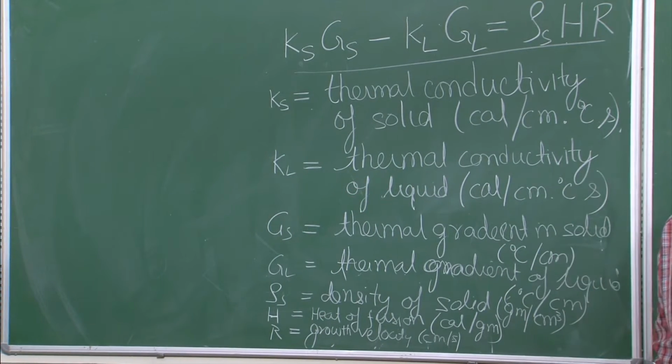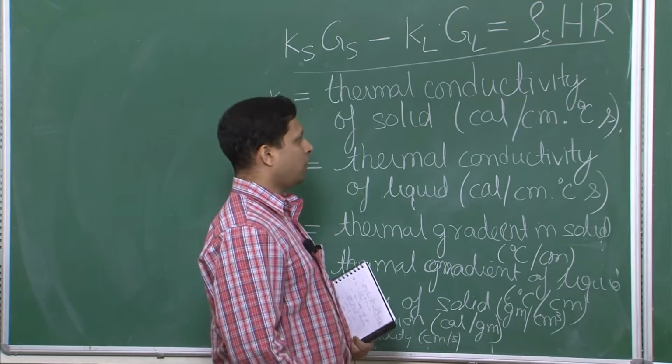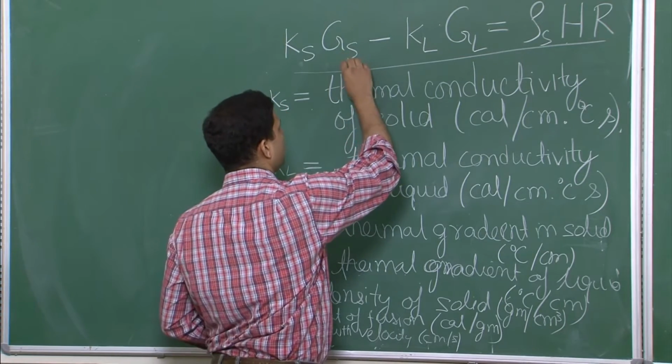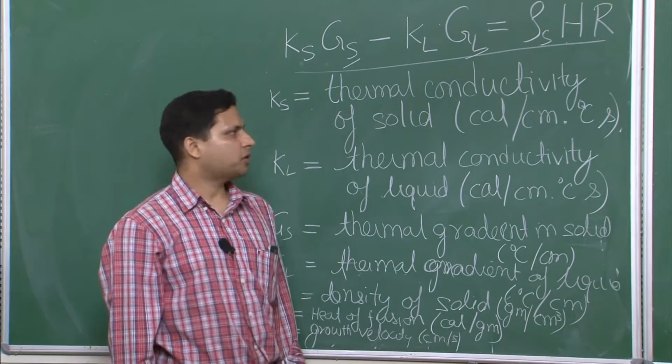Now, in general, if you want a very good quality single crystal, then these quantities Gs and Gl should be as large as possible.